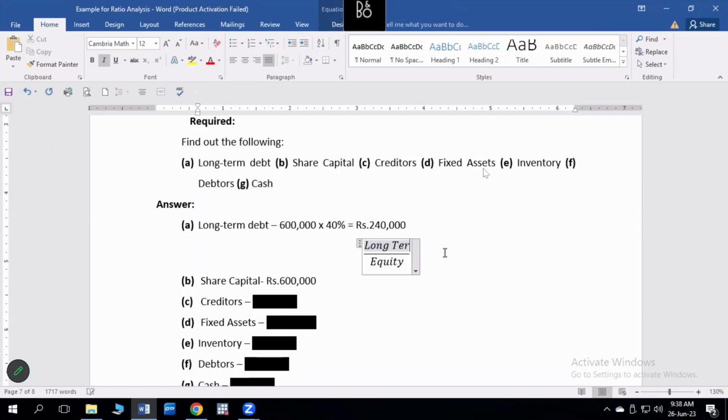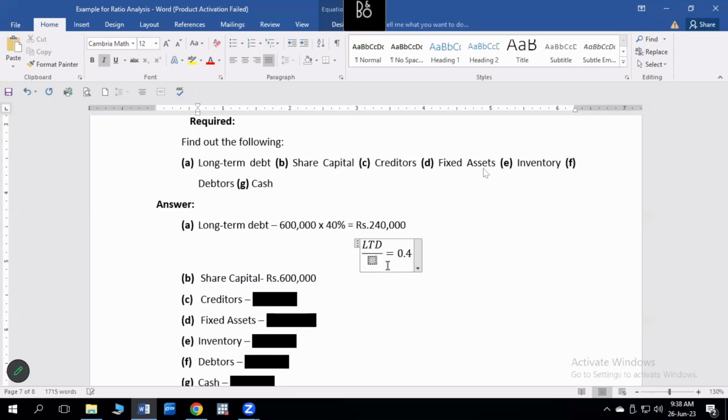You want to find out the long-term debt, LTD, equal to 0.4. In place of the equity, you substitute 6 lakhs. Now you can get the result. How can you get the result?